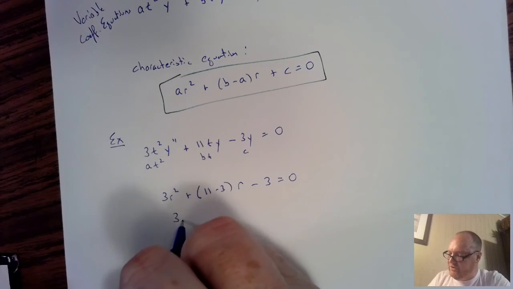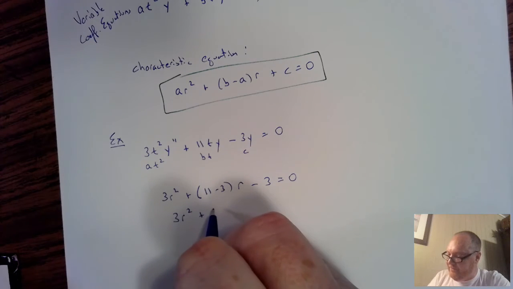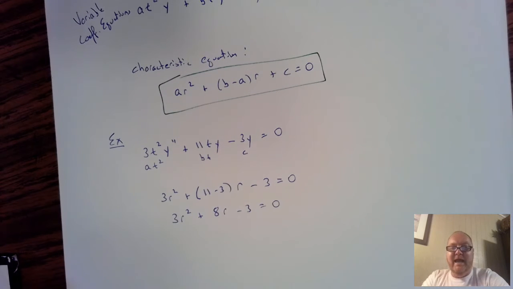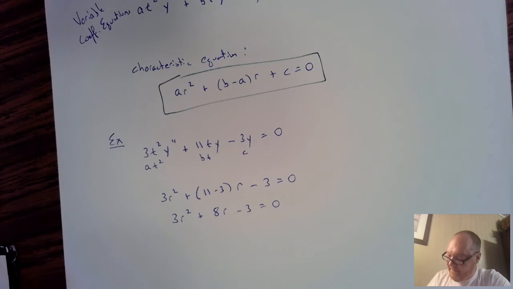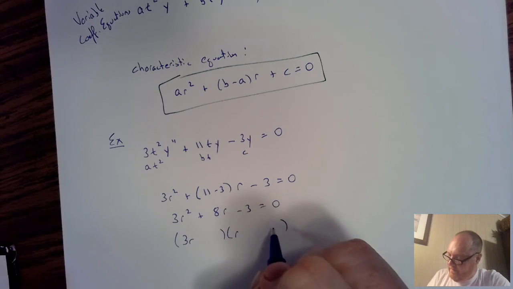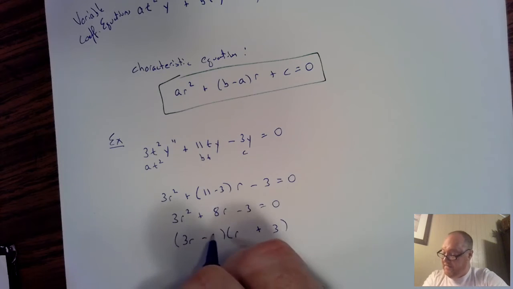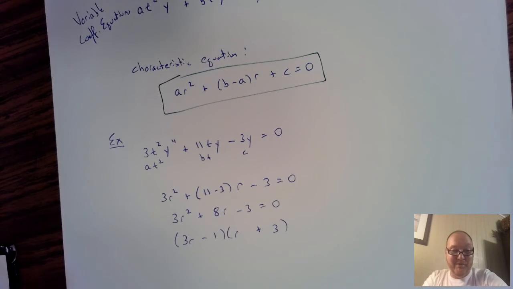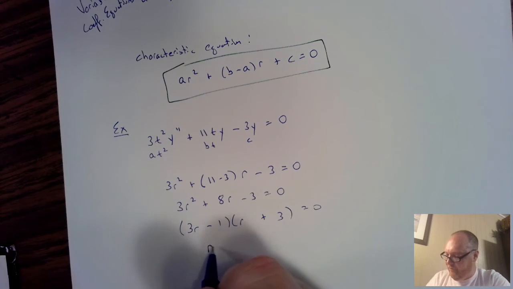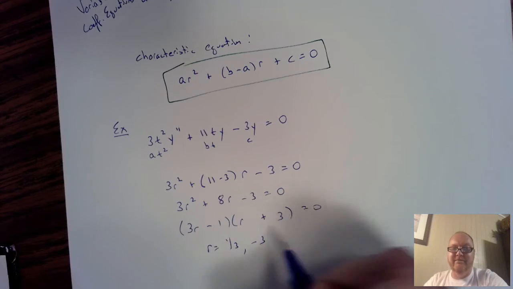So my associated characteristic equation looks like 3r squared plus 8r minus 3. Just like with everything else, I want to factor that, or solve it in some fashion. This particular problem I believe factors into, let me double check my arithmetic real quick, 3r minus 1 and r plus 3. So I get solutions for r of 1/3 and negative 3.